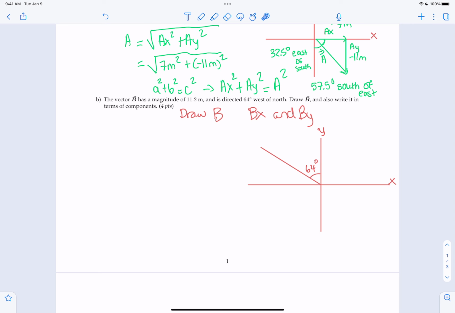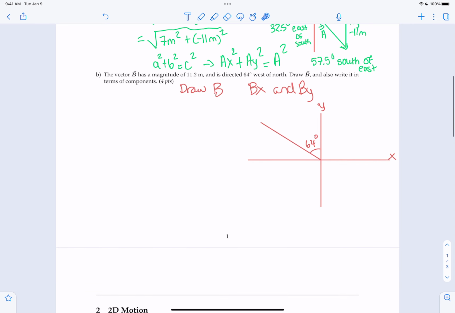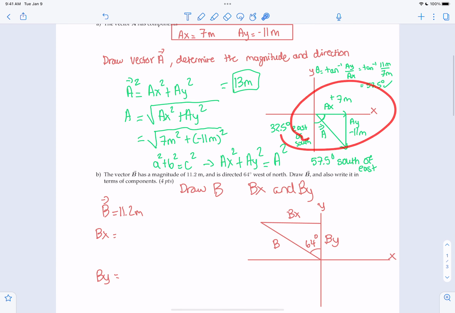Now, all that's left for us to do is calculate bx and by. So this is b, this is our bx, and this is our by, right? We have the angle, and we have the magnitude of b, because b is equal to 11.2 meters. We need to figure out bx and by. Similar to the previous problem and the written homework problems, it's going to be a matter of looking at some trigonometric functions.